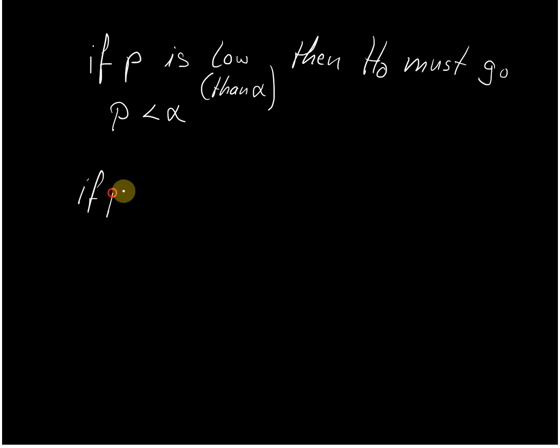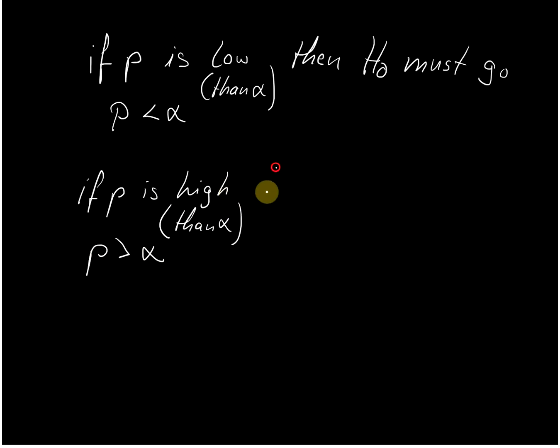Or if p is high, so higher than alpha, and we can write this as p larger than alpha, then H naught can stay. I hope this makes sense and it shows you how you can do this hypothesis testing.